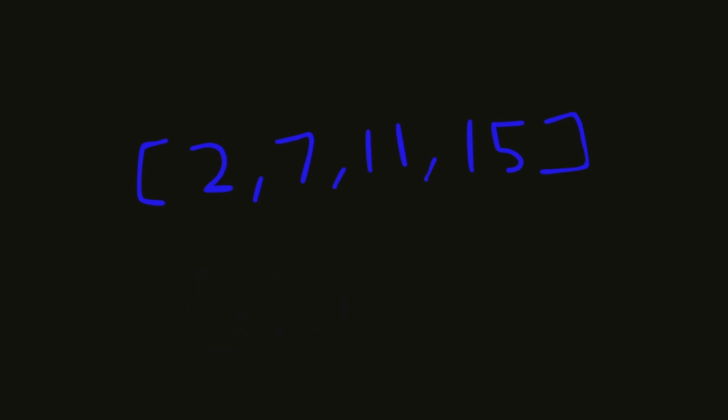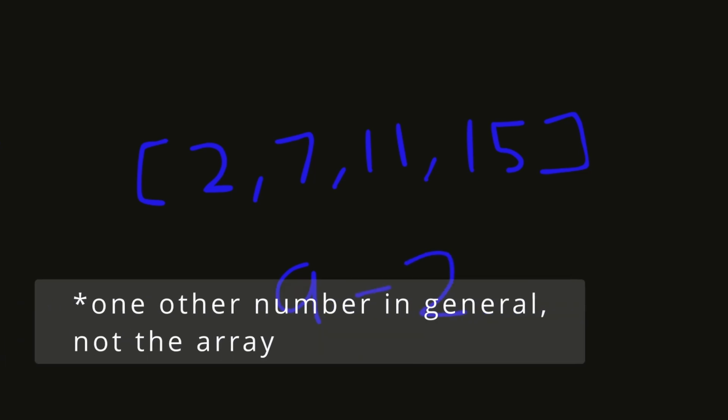To get to this solution, we need to think of the why of our original solution. At first, we're just brute forcing every combination, but if you think about it, if we have a target 9, and we look at any number inside of here, in this case 2, notice that there's only one other number in the array that can make them add up to 9.